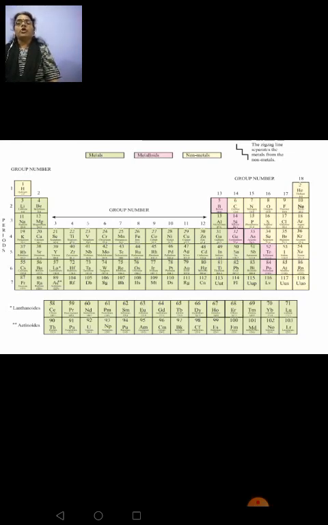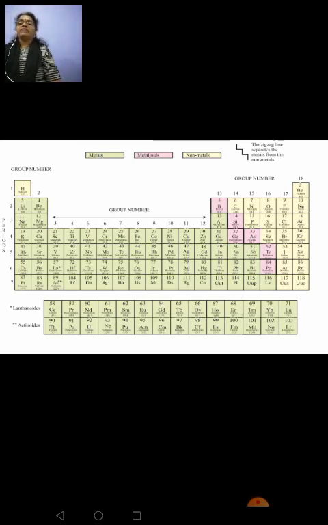In the modern periodic table also, we have this concept of periods and groups as framed by Mendeleev, because Mendeleev's periodic table formed the basis for the modern periodic table. So this way of putting the elements under proper groups and in proper periods was adopted.